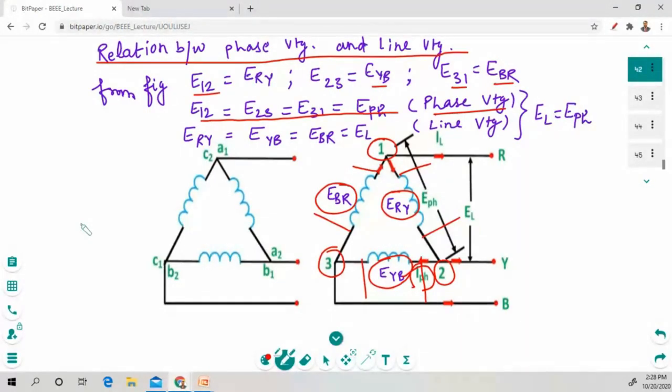If these are equal, then we can represent the notation ERY, EYB and EBR as equal to the line voltages. So in case of delta connection, the line voltage is equal to the phase voltage.